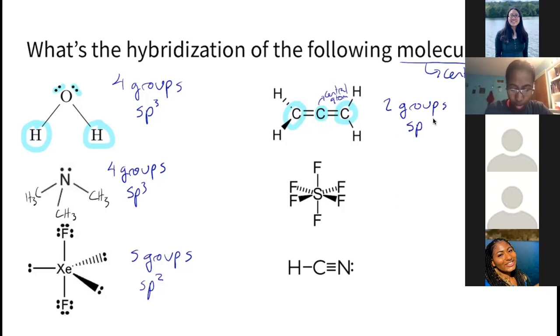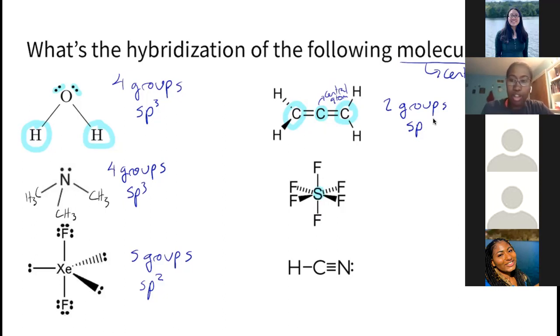Alrighty. Moving on to our next molecule, this is SF6. And I think it's a little bit more obvious in this case, as is most of the cases, but we're considering the sulfur to be the central atom. So I'll go ahead and highlight that.